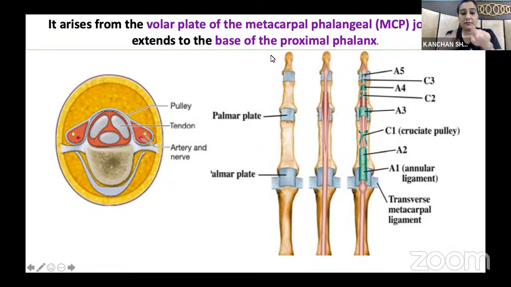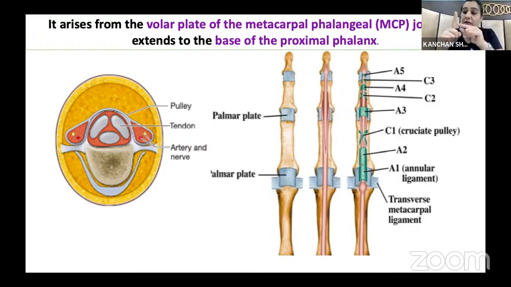These are the flexor tendons. Like what we have learned in the wrist compartments, you have the extensor retinaculum like this, and then you have the septations from there, which divide the whole thing into compartments so that you won't have bowing of the tendons. In the same way, you have the flexor tendons: flexor digitorum superficialis and flexor digitorum profundus.